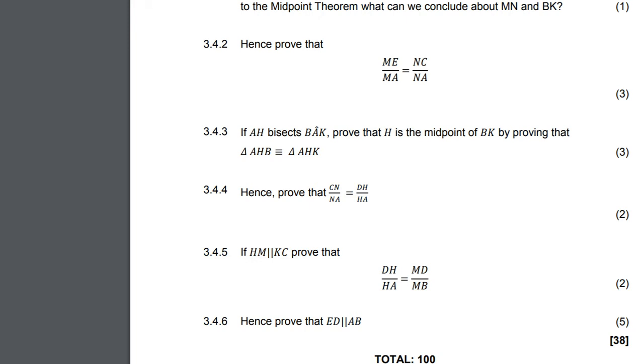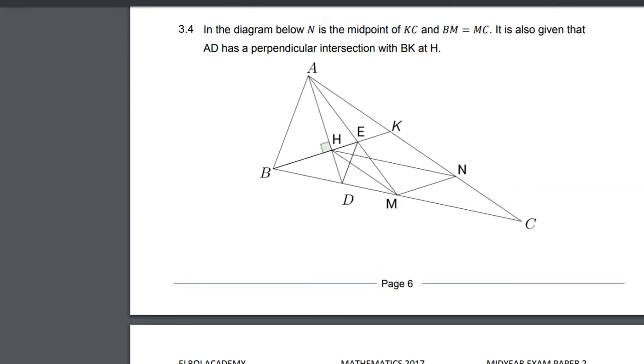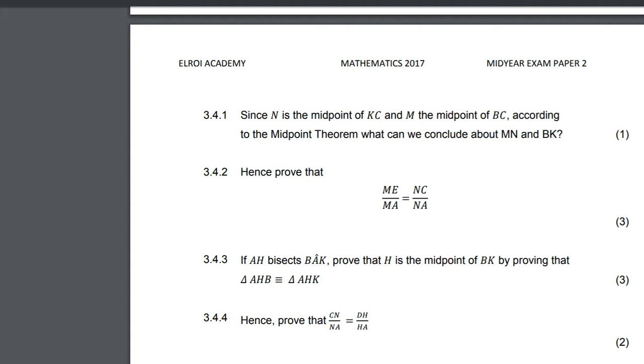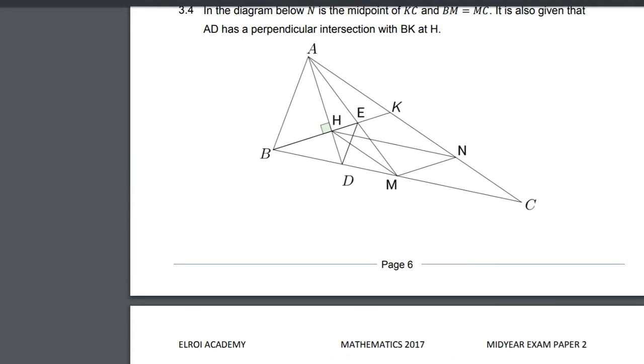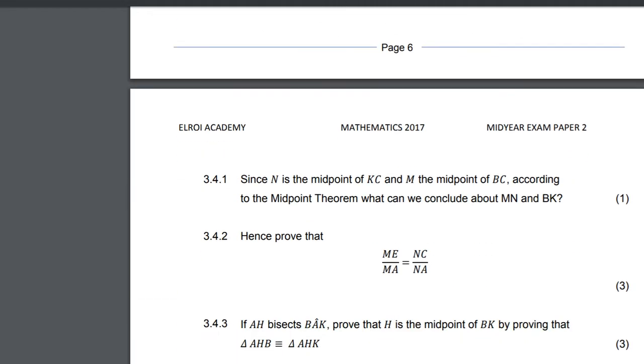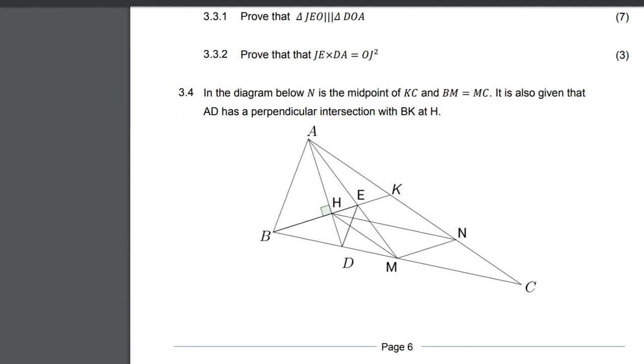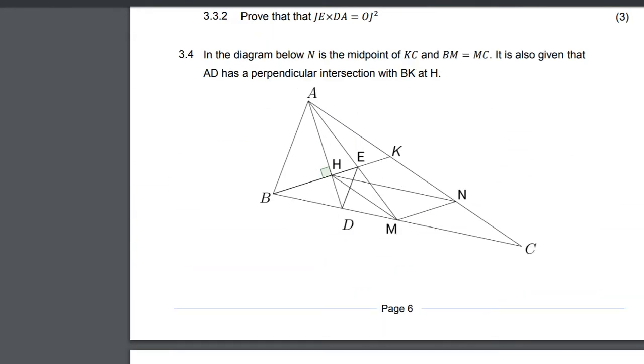If H, hence prove that CN over NA is DH over HA. So if I go to my sketch, CN over NA is equal to DH over HA.